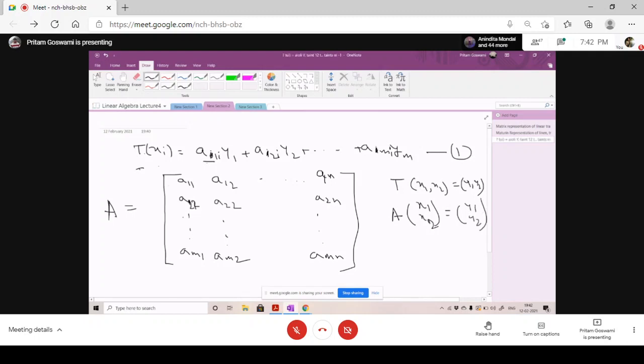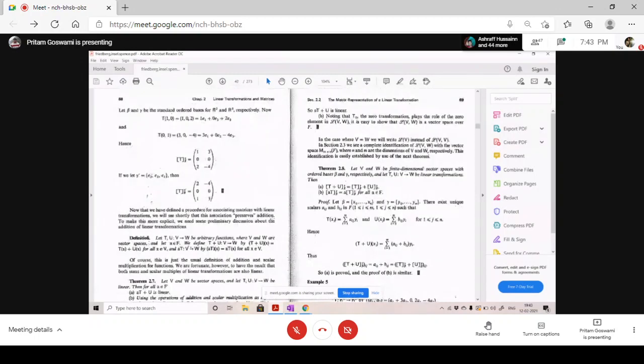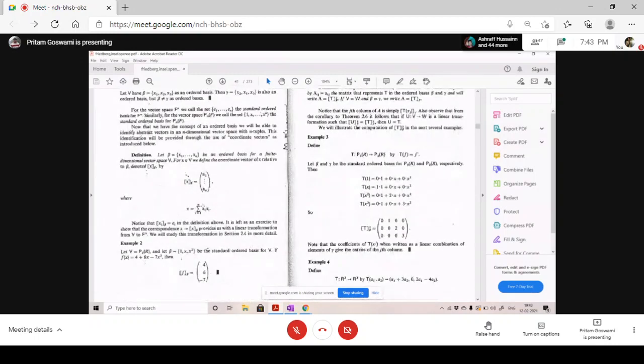So this matrix is nothing but the linear transformation, and the linear transformation is nothing but the matrix. I will give you an example here. Give me any linear transformation. Say, let us do it in R2 first. Wait, let me do it first. This one. Okay.